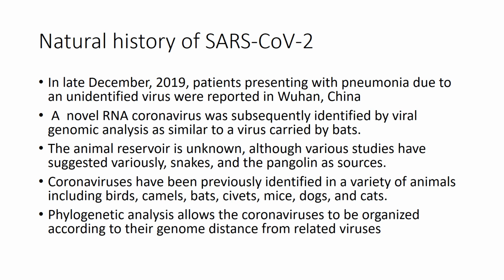However, we also have some information that indicated that a reservoir of this virus is found especially in pangolins, even though an initial paper found that it might be similar to snakes. This was the initial report, but it's not as likely as something like a pangolin, which is a closer relative to humans and bats. Coronaviruses are found in a lot of different animals, including birds, camels, bats, civets, mice, dogs, cats, and others as well.